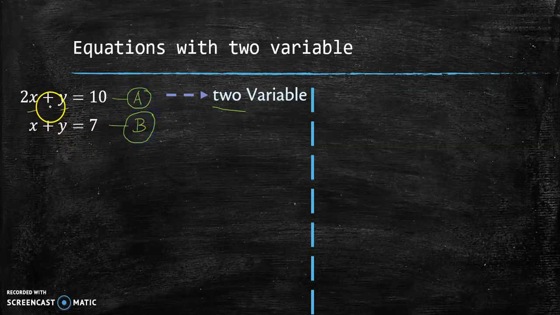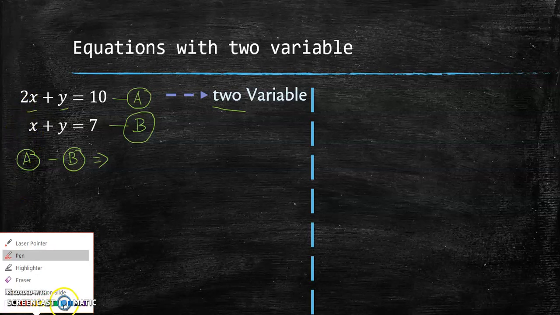So what do you have here? Plus y, plus y. Let us make it into 0. So in order to make it 0, let's subtract equation A minus equation B. So what do we get? 2x minus x, right?